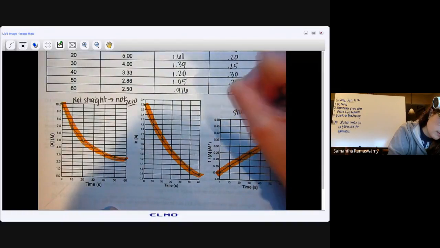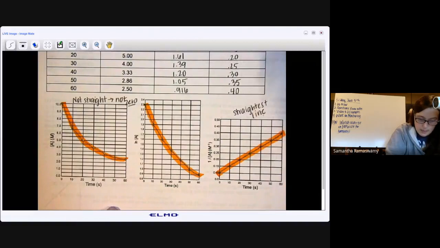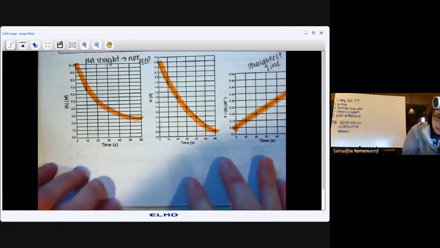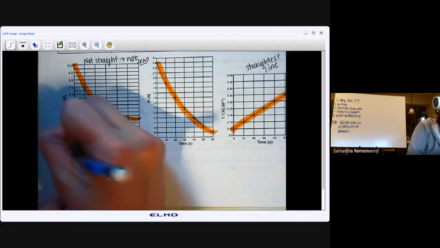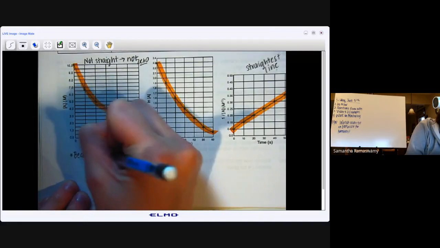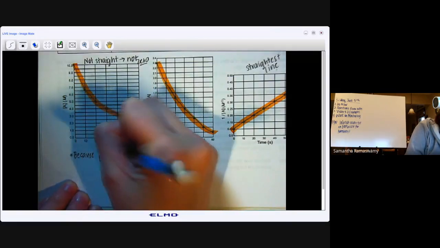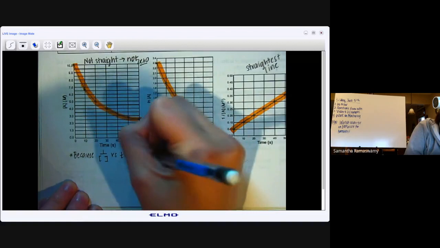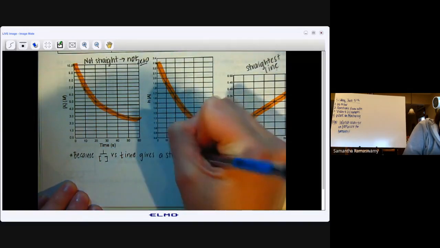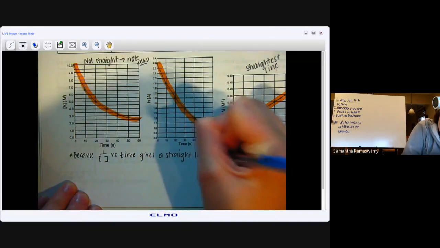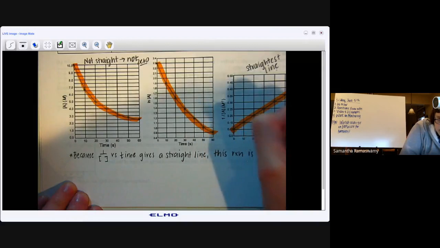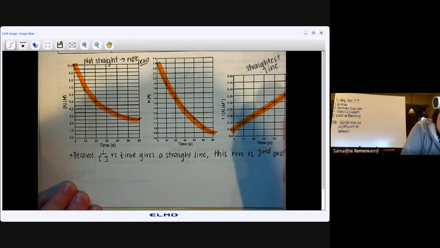And so what I'm going to write down here at the bottom, and then I'll figure out the slope, is because 1 over concentration versus time gives a straight line, this reaction is second order.